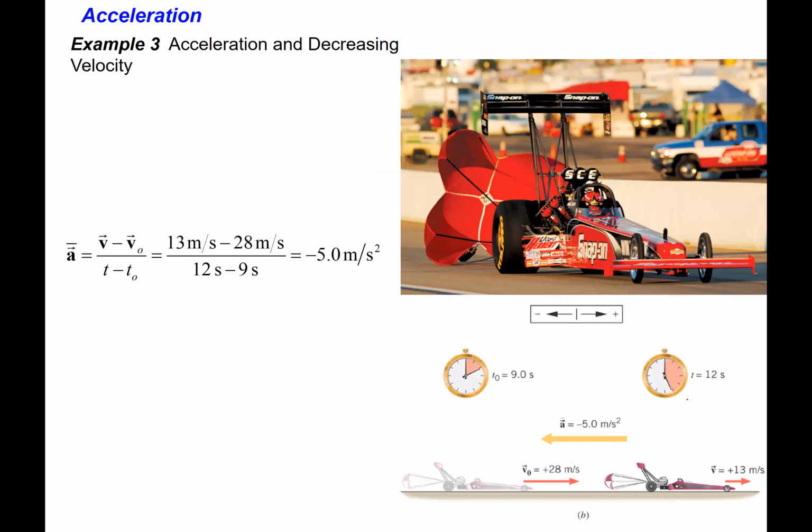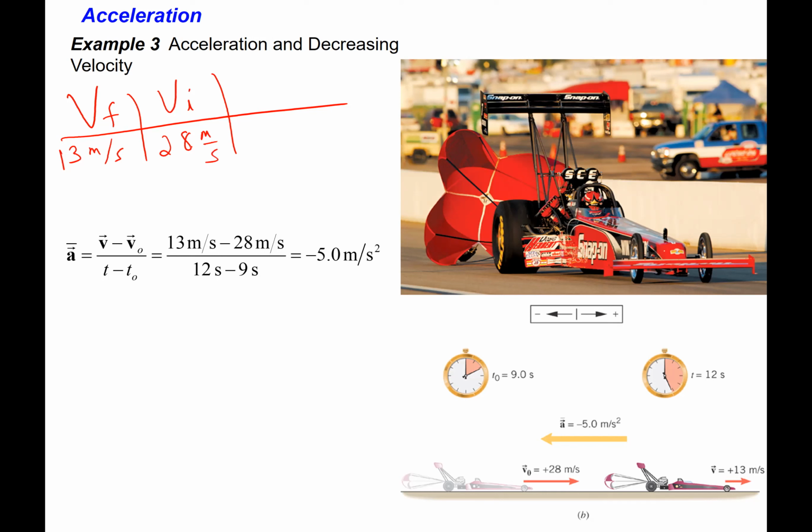Now, in this case, initially the object was moving at 28 meters per second. So let's see what's given in this problem. Clearly, we can see that the final speed is 13 meters per second. The initial speed, 28 meters per second.